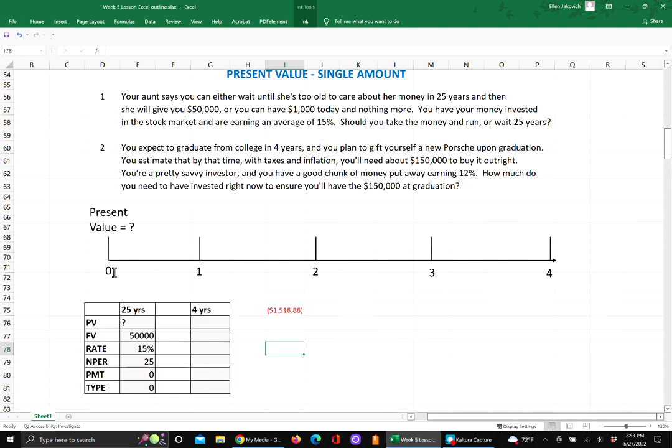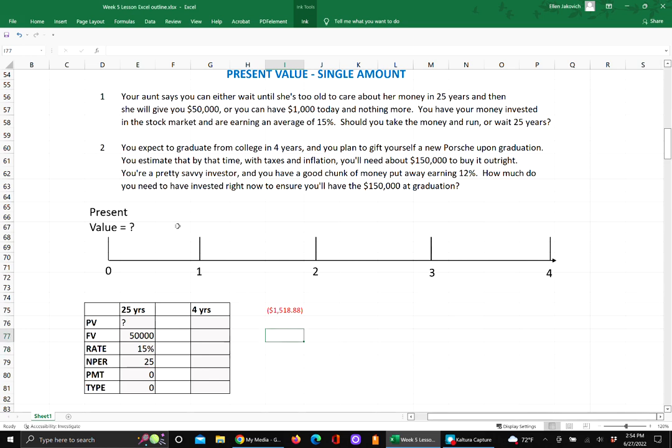If I put in 1,000, which is less than 1,500, it will not grow to 50,000. So I would pick waiting 25 years and getting the 50,000. Of course, if you don't think you're going to live 25 years, or you don't trust your aunt to give you the 50,000, or you are just desperate for money, then go ahead and take the 1,000. But the 50,000 in 25 years is worth more than $1,000 today. So that's the first problem.